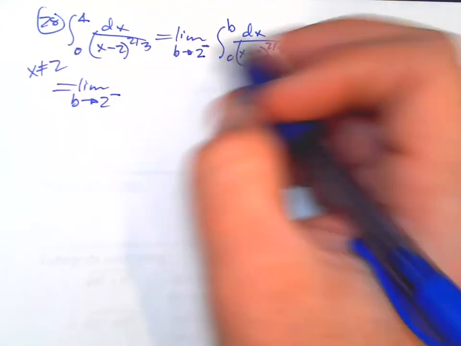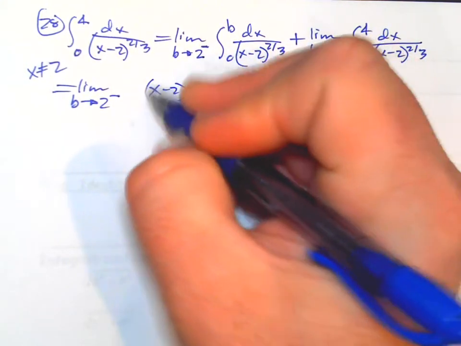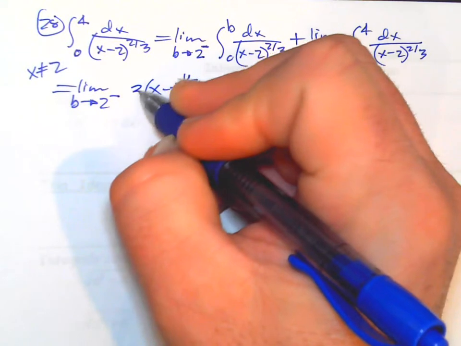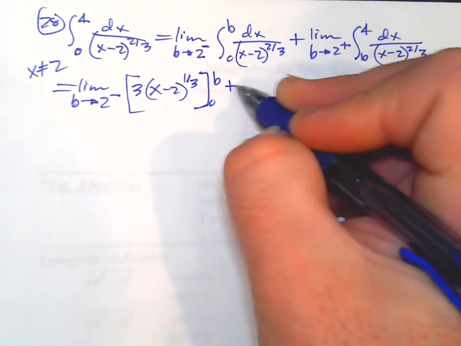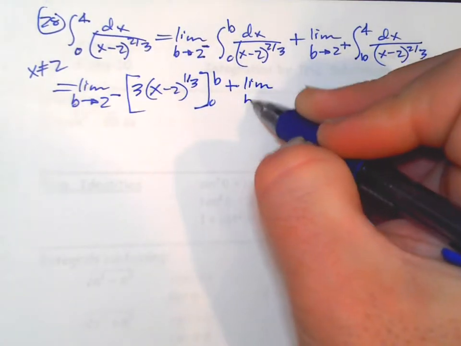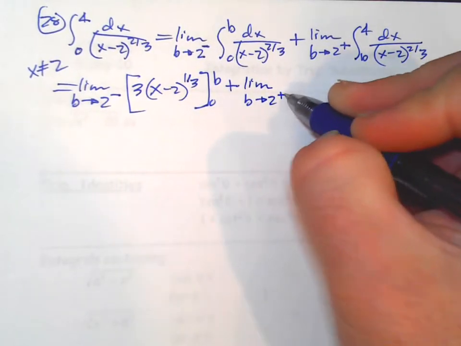So this is power rule. (x minus 2) to the 1/3 divided by the new exponent, 3. Same antiderivative for the other one, so don't overthink it.